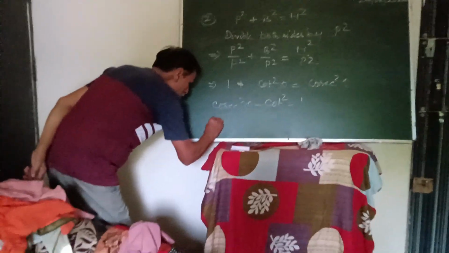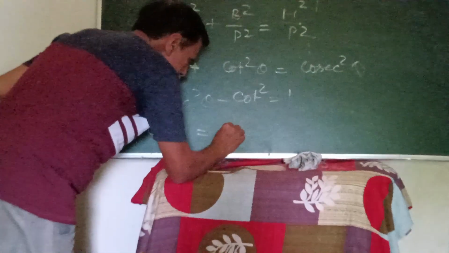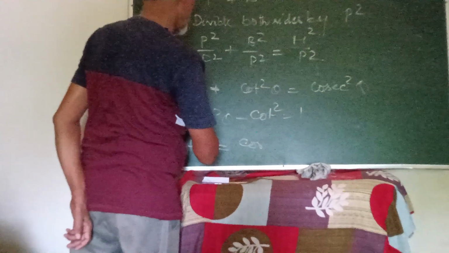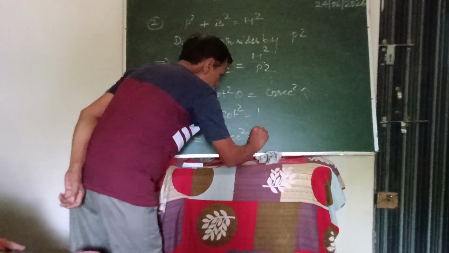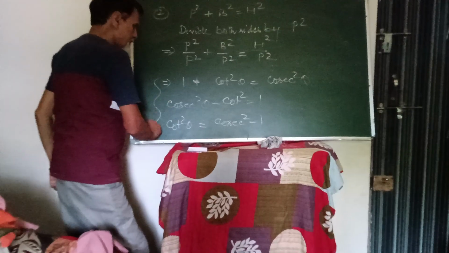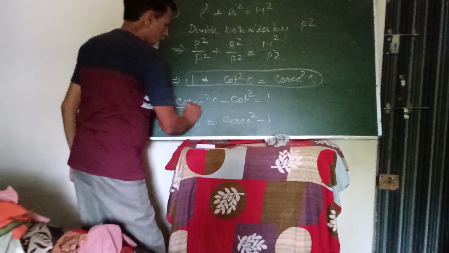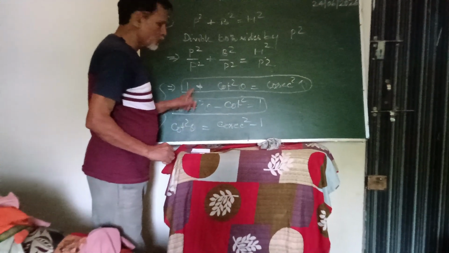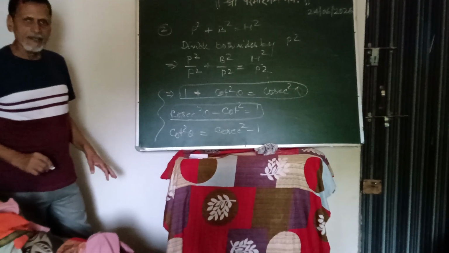And cot square theta is equal to cosec square theta minus 1. This is the second formula. We can write the original form of this as this. So this is the main one, and after this we can reduce this to find out the solution of any identities.